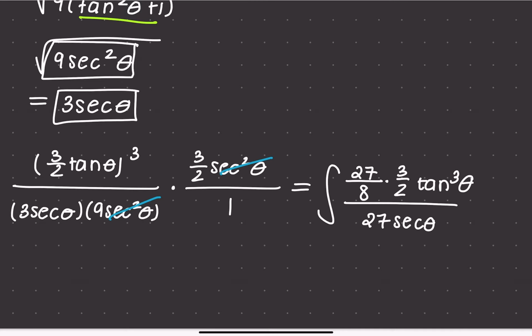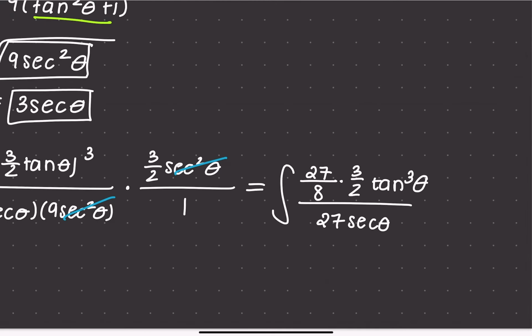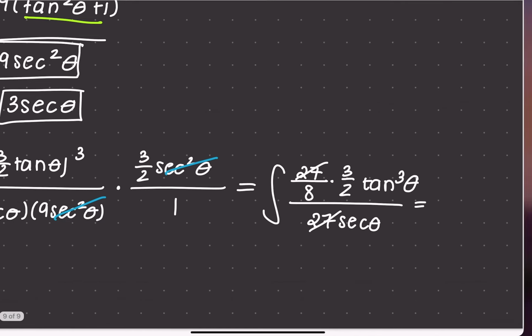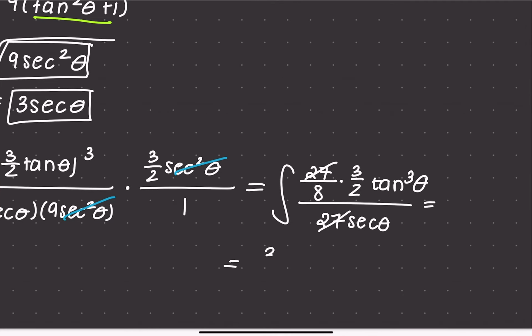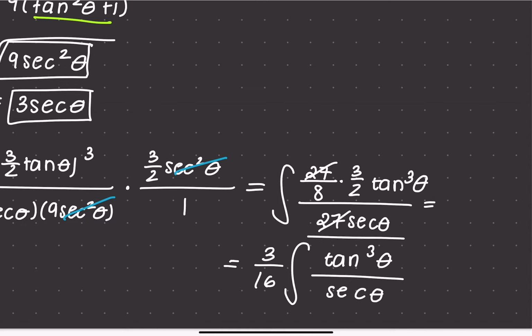We immediately see that the 27s cancel out, which means that we can take out a factor of 3 over 16. So this integral can be rewritten as 3 over 16 times the integral of tan cubed theta over secant theta.